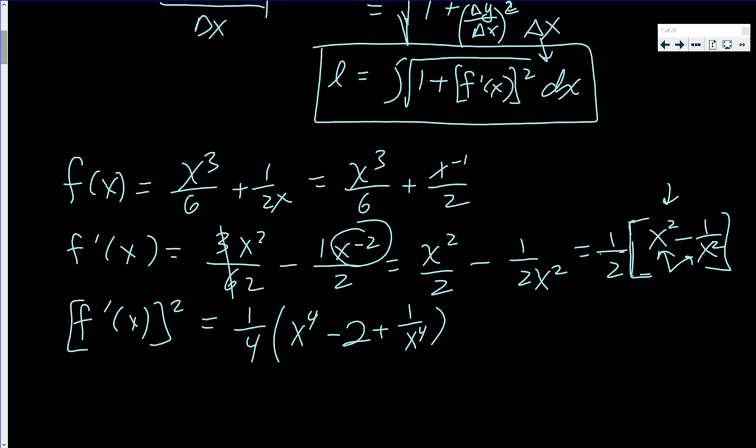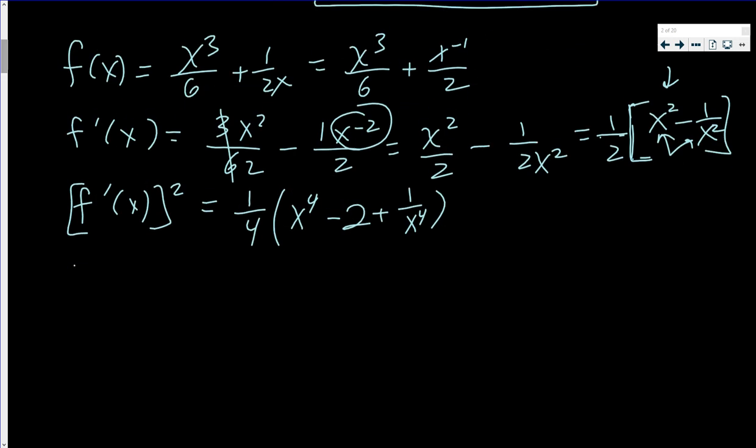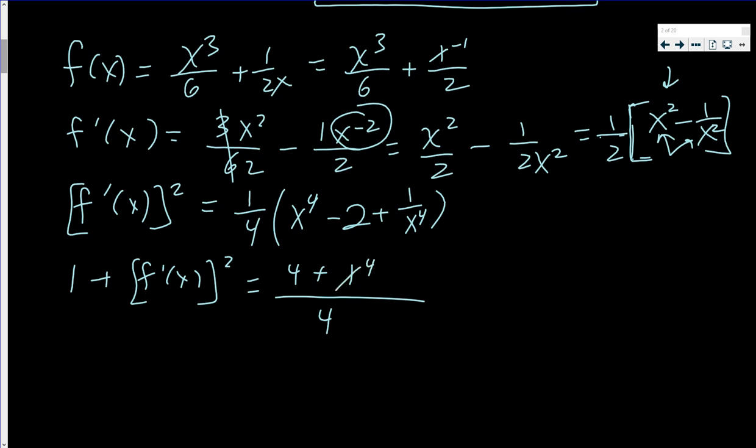Okay, but that's not enough. We want 1 plus f prime of x quantity squared. So we'll think of the 1 as 4 over 4 plus the quantity x to the 4th minus 2 plus 1 over x to the 4th.